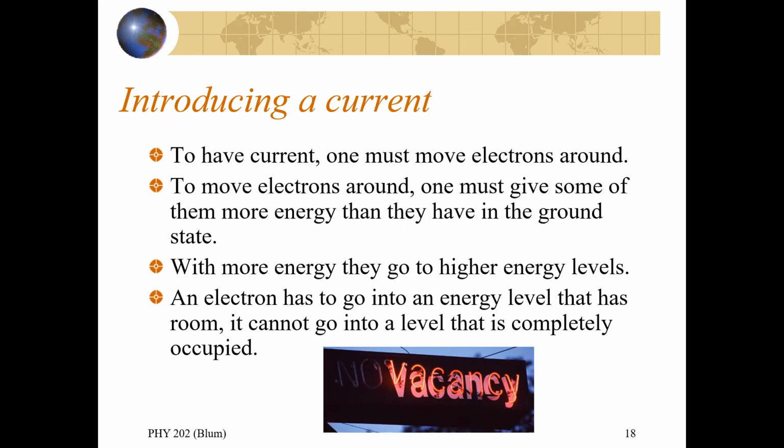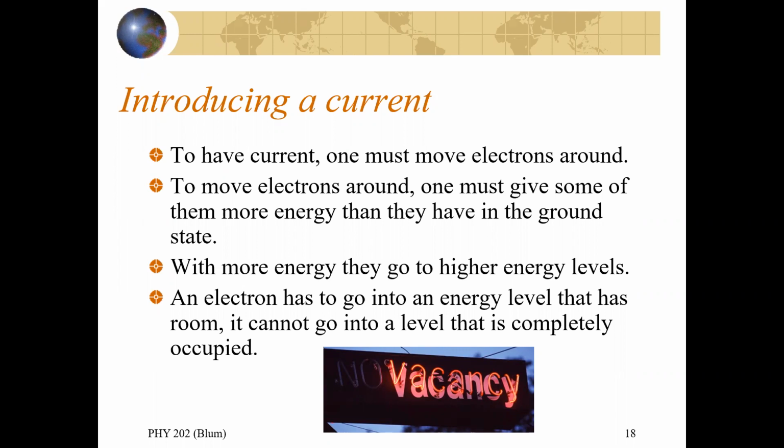We want a current. We determine whether you're an insulator or a semiconductor or a conductor by whether electrons can move around. So we had this ground state. If you want to have a current, you need to be able to move electrons into a slightly higher state.